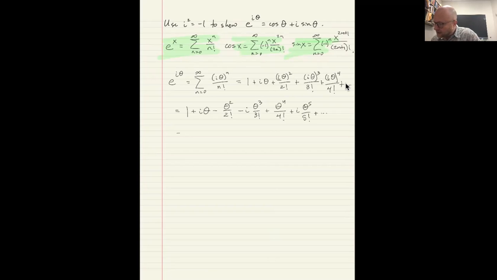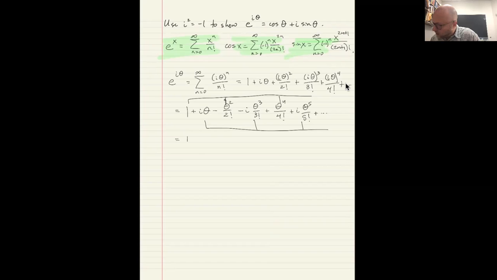And the nice thing about this is that if we were to take just the even terms and pull them out, and just the odd terms and pull them out, we could place them into 2 different series.